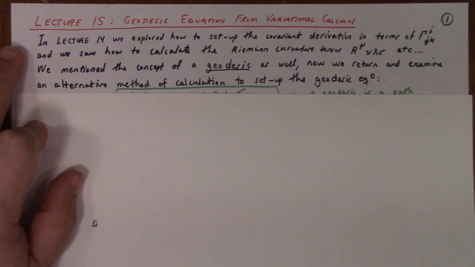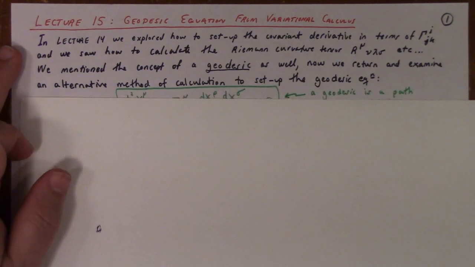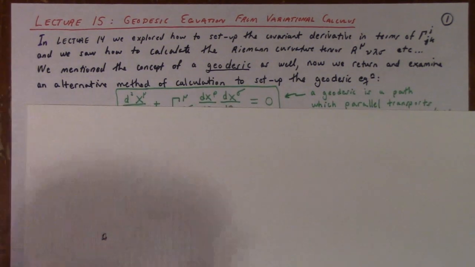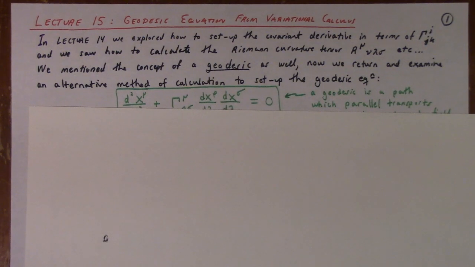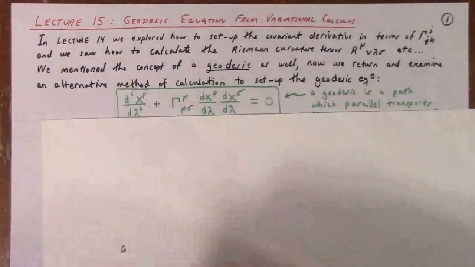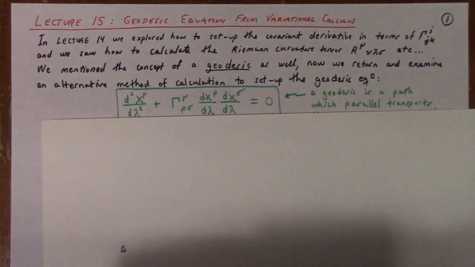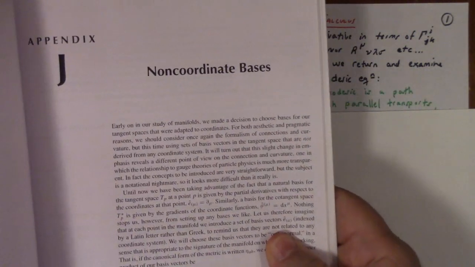The second way to calculate the Christoffel symbols is this variational approach, which I'm about to show you. And then I think the third way would be, if I remember right, Appendix J in Carroll, non-coordinate bases.